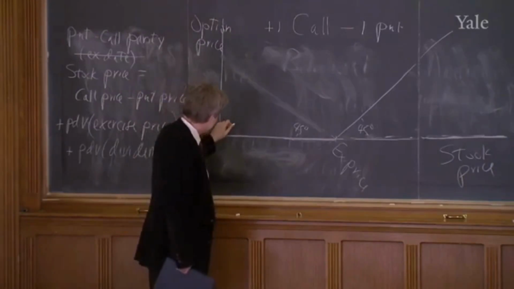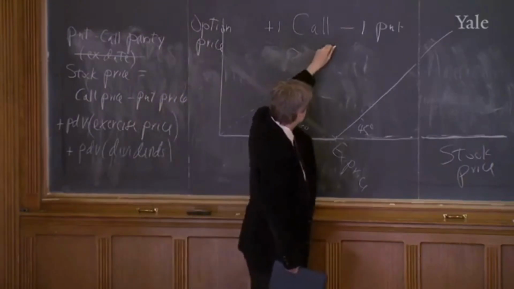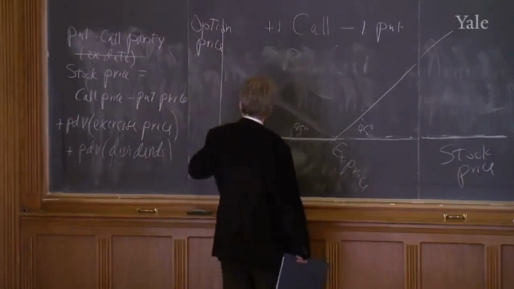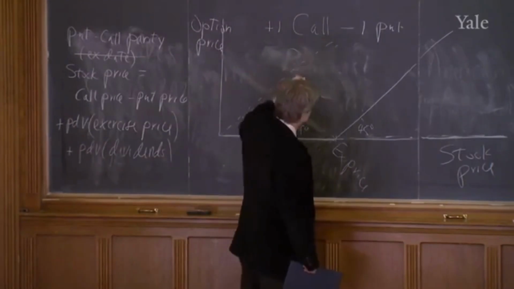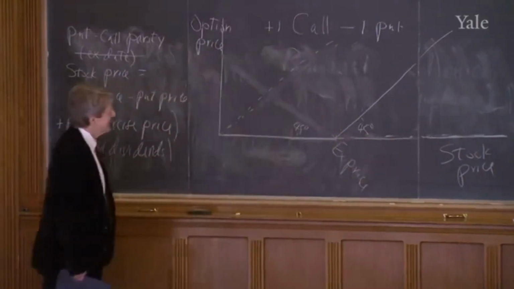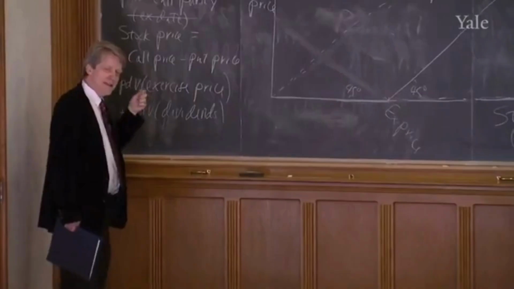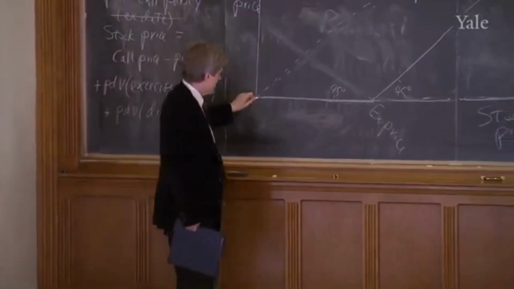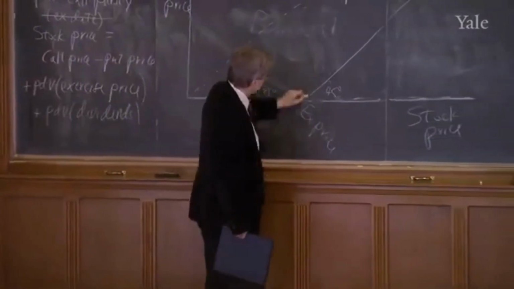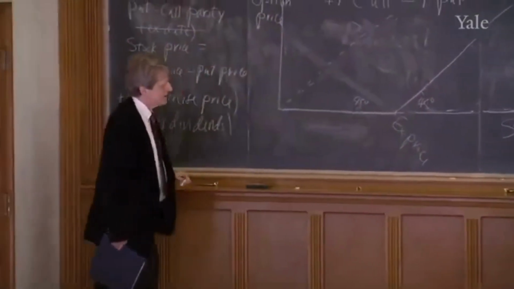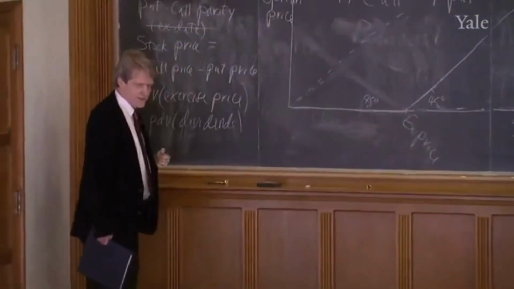I'll draw a 45-degree line from the origin. It's kind of obvious that that's supposed to be parallel to that. It's obvious that the call price has to be above this broken straight line, but not too far above it. Above this broken straight line representing the price as a function of the stock price on the last day.